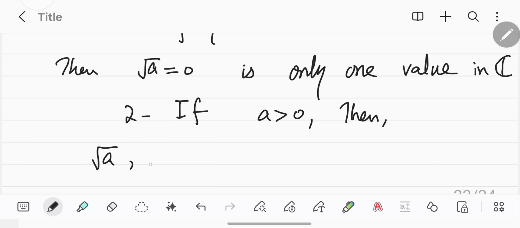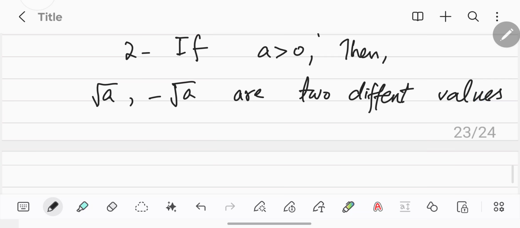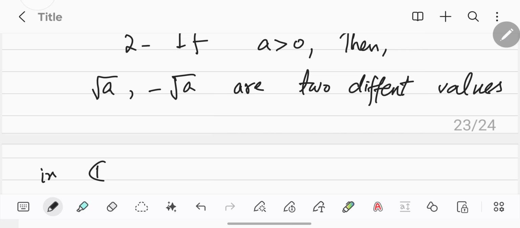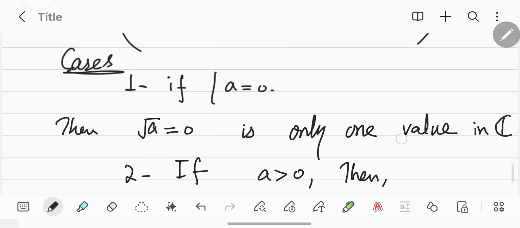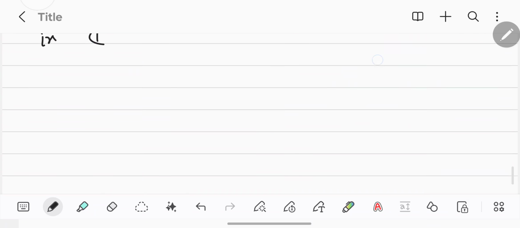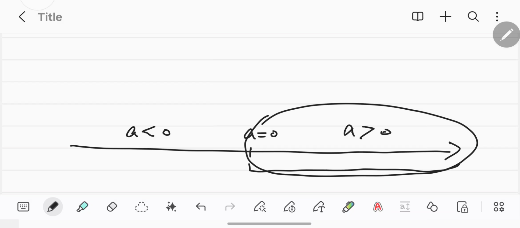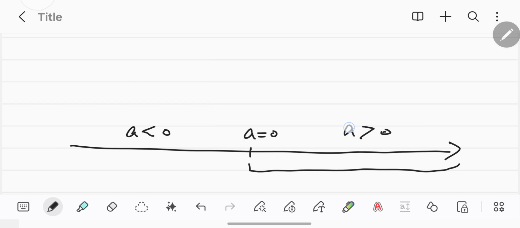Then square root of a and negative square root of a are the two different values in C. But when we are on this side of the real line, then the square roots are also on the real line.